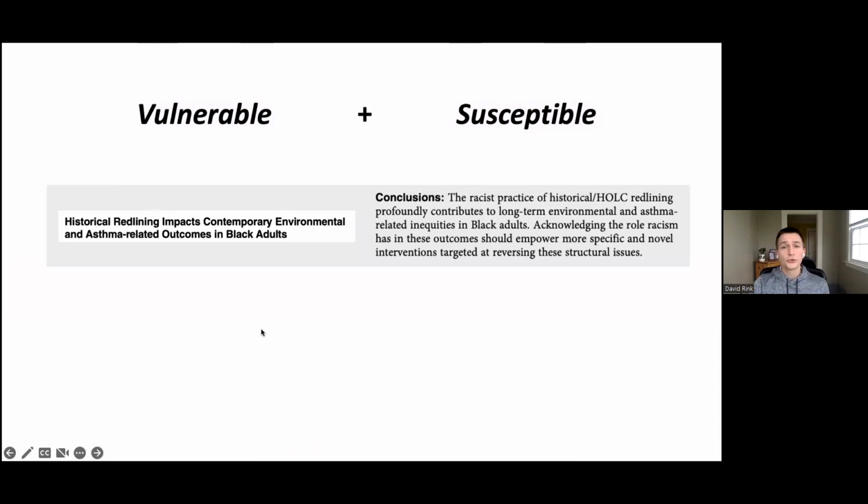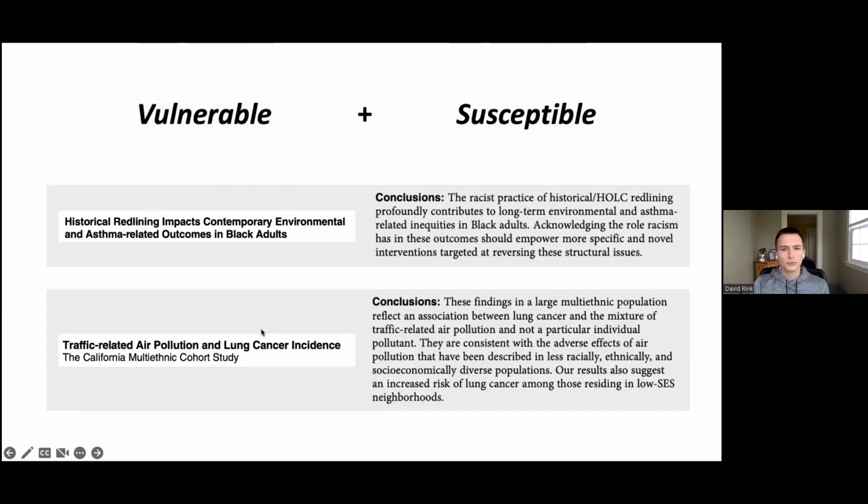Here are two articles that I pulled from the most recent couple of issues of the ATS, or American Thoracic Society's Blue Journal. And I think these demonstrate nicely this interplay. The first study is on redlining and its downstream effects on asthma-related outcomes in Black adults. And the second one looked at traffic-related air pollution and incidence of lung cancer.